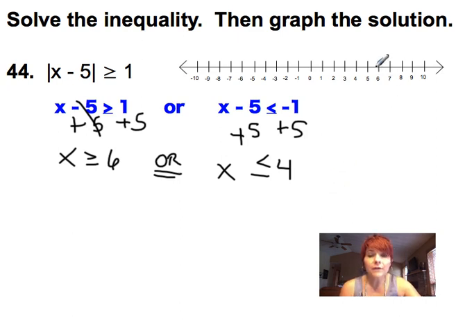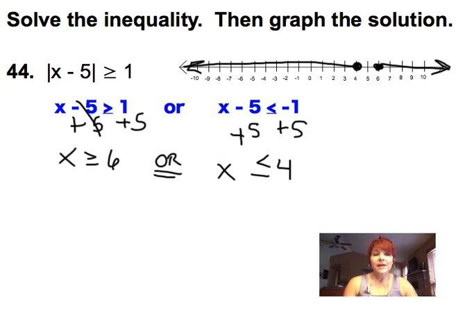Now when I go to graph those, if I start with the 6, this is going to be a closed dot because there is an equal sign on that. And notice it's greater than or equal to, so that's going to go to the right. And then the 4 is also going to be a closed dot because there's an equal sign, and it's less than. OR problems always have arrows going in opposite directions. So that's how I would graph number 44.